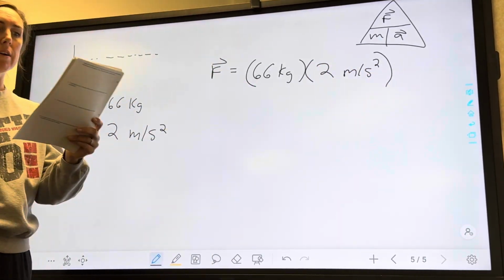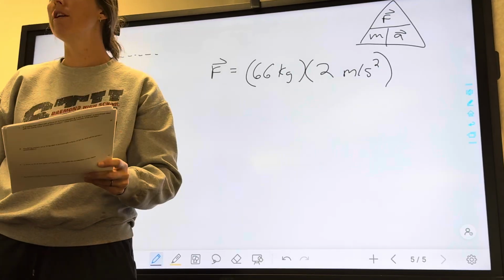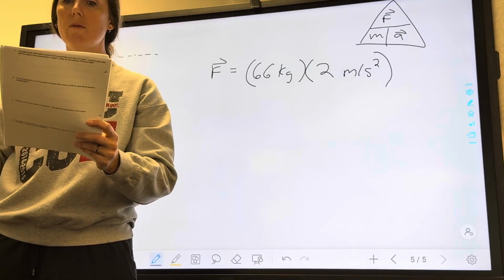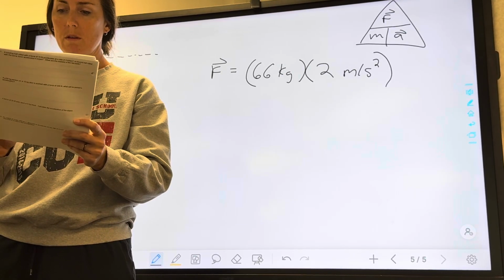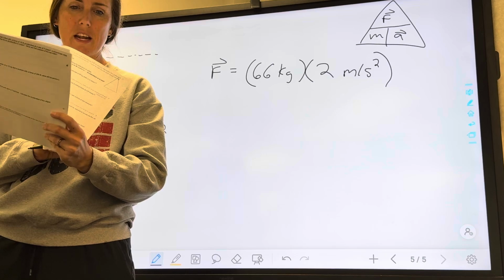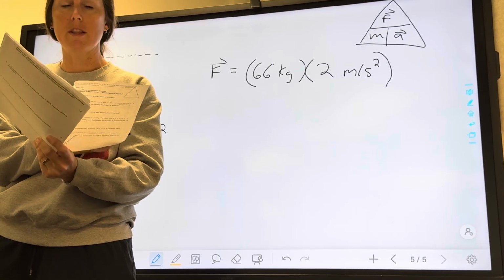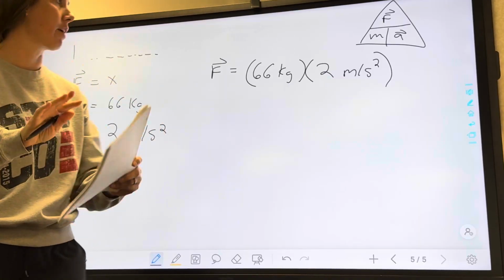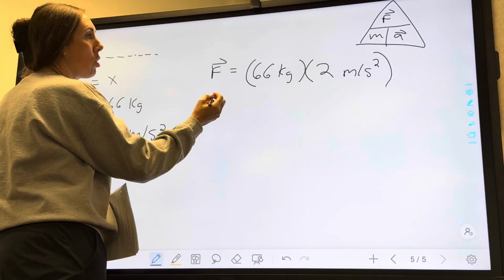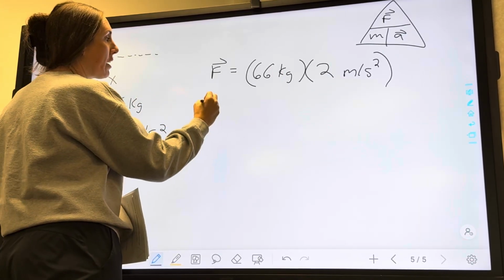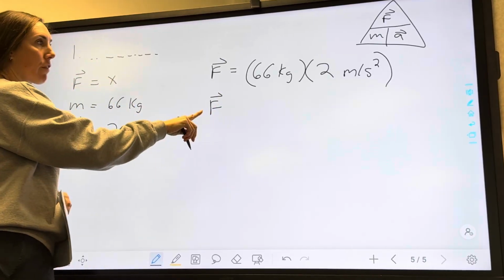Okay, they did not give us a direction, so if there is no direction, and I actually think this worksheet, I didn't love it because there were no directions. It's just focusing on the calculations. So just focus on the calculations. Okay, so when you solve it, y'all, make sure you have what you're solving for, force.